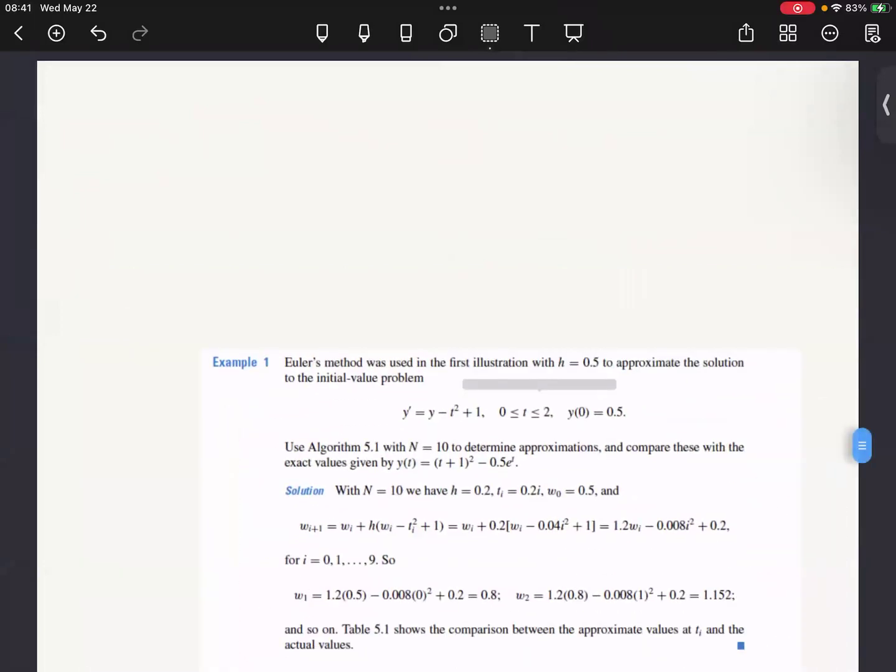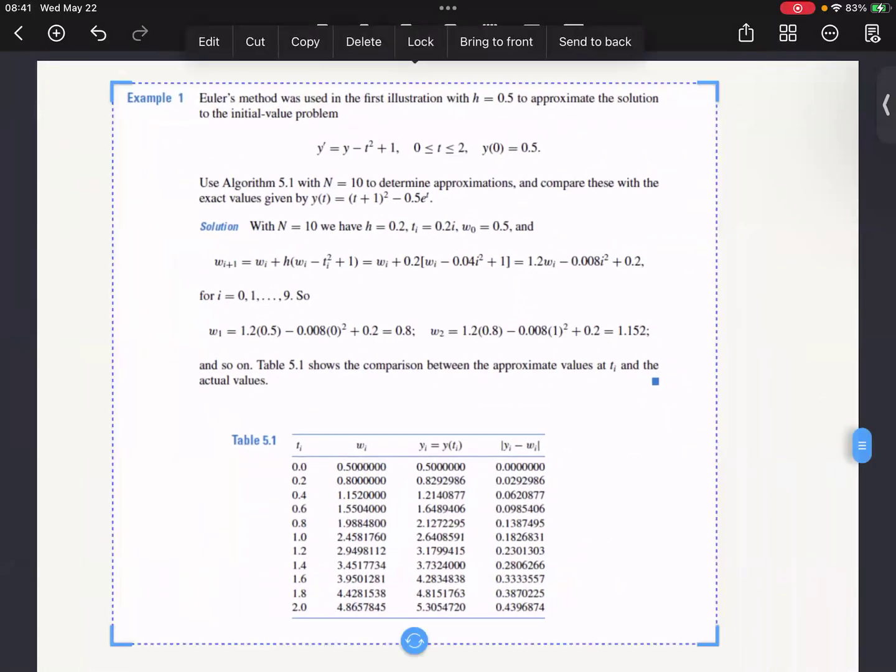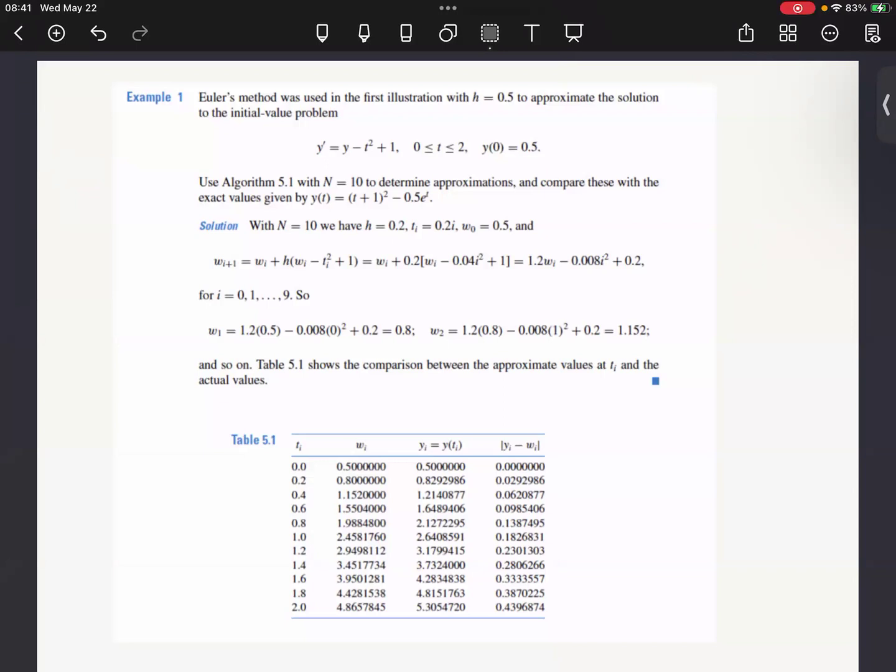This is a numerical example from the textbook, with the step size N equal to 10, so here the step size is 0.2, and we just derive the whole thing for this, which is 1.2. Yes, it's correct.